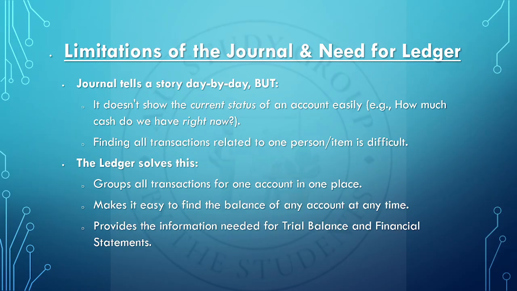The ledger groups all transactions for one account, say cash, all in one place, or sales, all in one place. That makes it super easy to see the activity and calculate the final balance. This is essential for control and reporting.